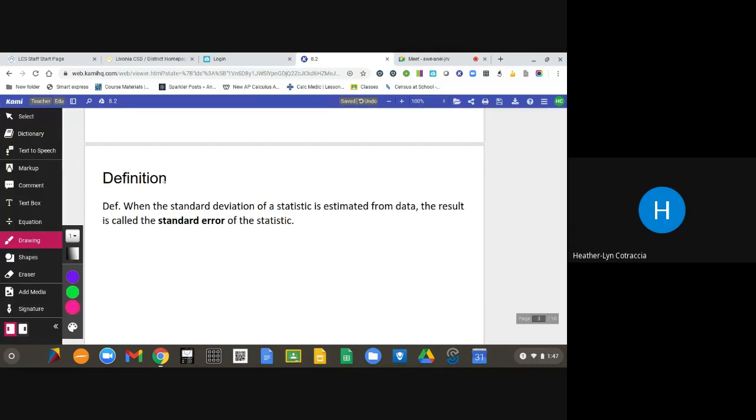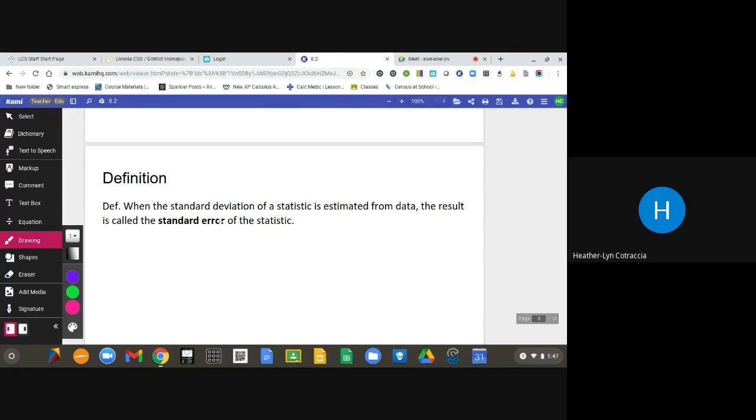Okay, so here's a quick definition. For a good reason, we are switching from calling something standard deviation to standard error. Standard error is when you have multiple things. So remember when we did our sampling distributions and we said no longer does a dot mean a dot, but it means a statistic from a sample.